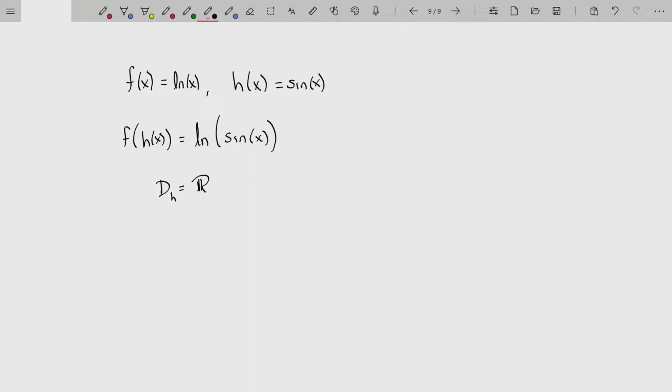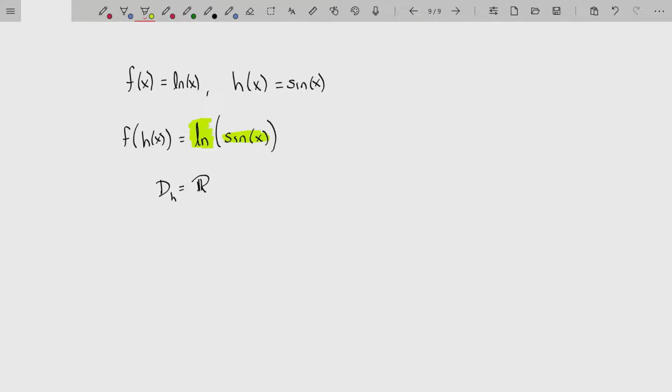Then we step outside of that sine function and now look at the logarithm and ask ourselves, what is our restriction for the logarithm? In other words, what can we plug in as an argument to the logarithm and what can we not?